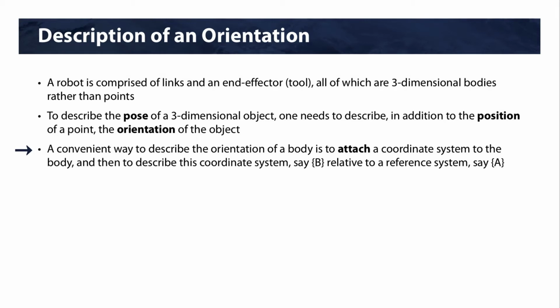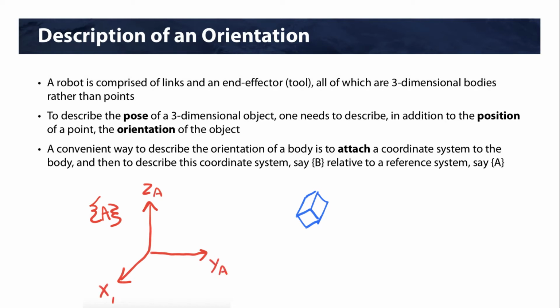A convenient way to do this is to attach a coordinate system to the body and describe that coordinate system, say frame B, with respect to a reference frame, in this case, frame A. So suppose we have our rigid body here, and we have our reference frame A here. Again, this is ZA, YA, and this is XA.